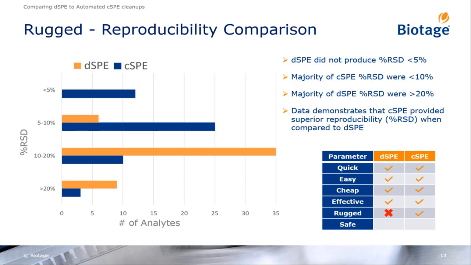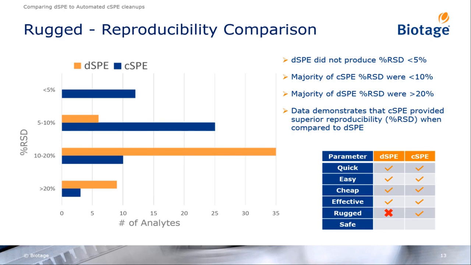You'll note that DSPE, or dispersive SPE, did not produce any results for any target analytes less than 5% RSD, and CSPE was the only technique that did that. You'll also note that the majority of the CSPE RSD results were less than 10%, whereas the DSPE results were mostly falling over the 20% RSD line.